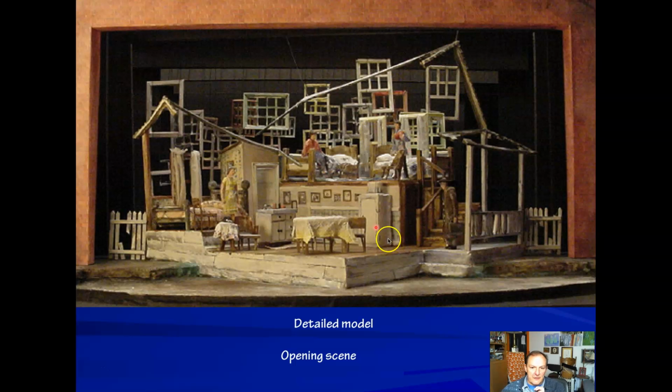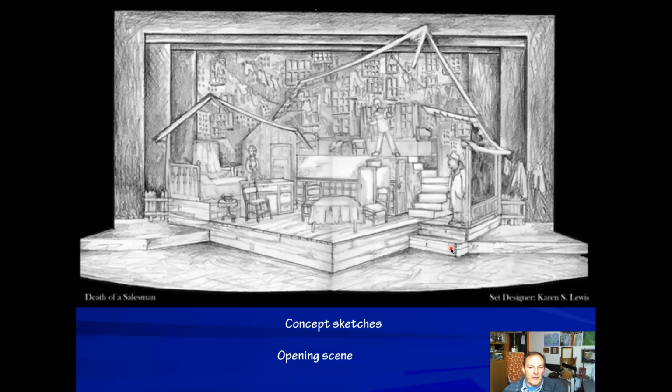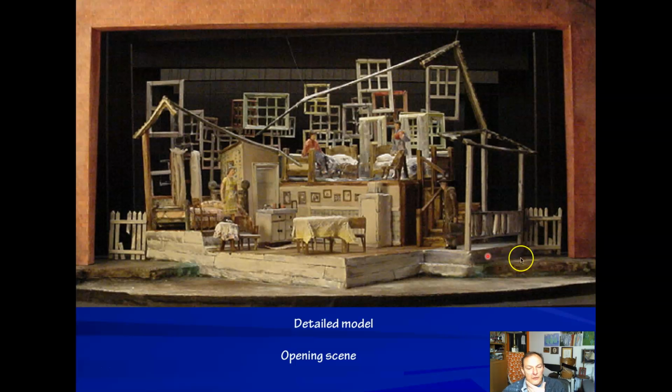And here's Karen's model from her sketch and ground plan. With kitchen down here again, bedroom, kids' bedroom, staircase, full framework. Just bouncing back, you can see from the sketch that idea transforms into the model.